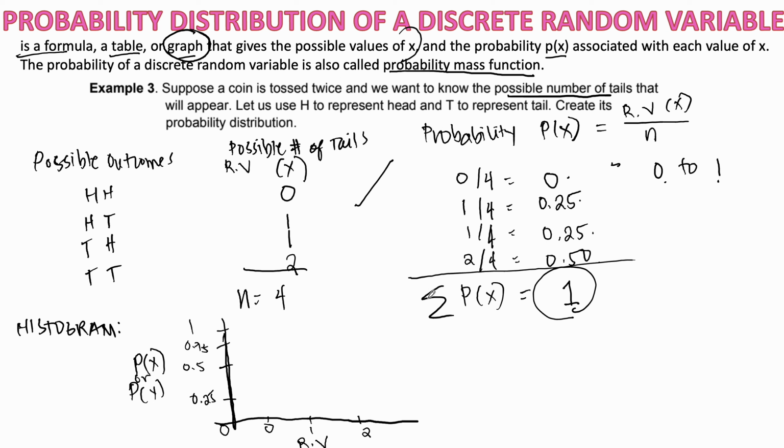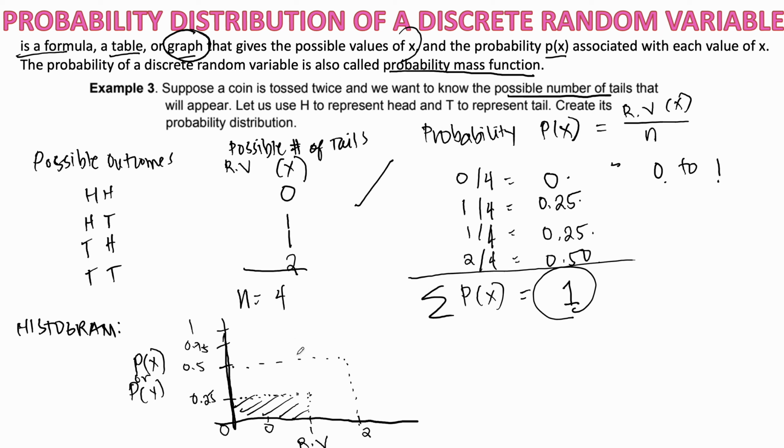So, tapat-tapat lang yan. So, 0 dito siya. So, yung 1 mo, 0.25 siya. Gawa ka lang ng parang rectangle. Okay? At yung 0.5 mo, nasa 2 siya, di ba? Tapat-tapat lang.